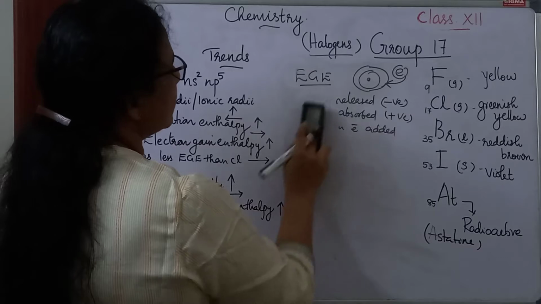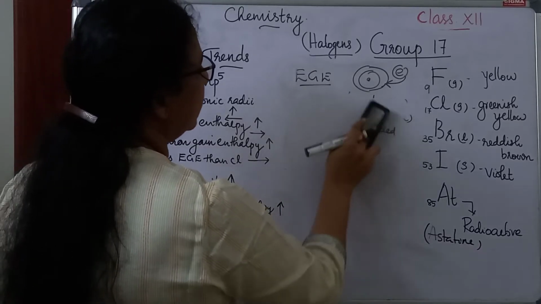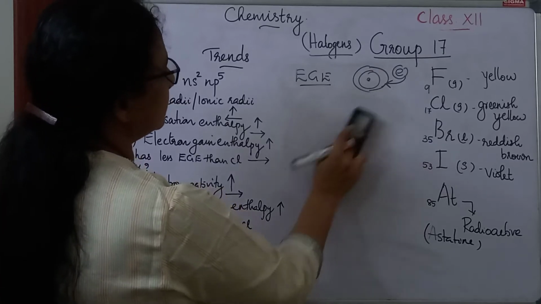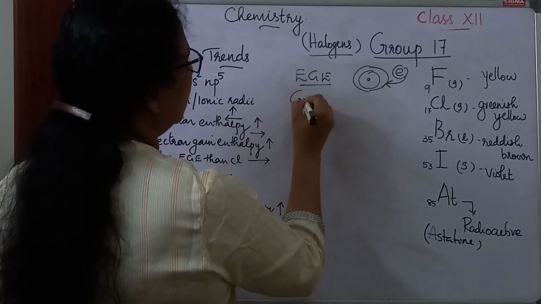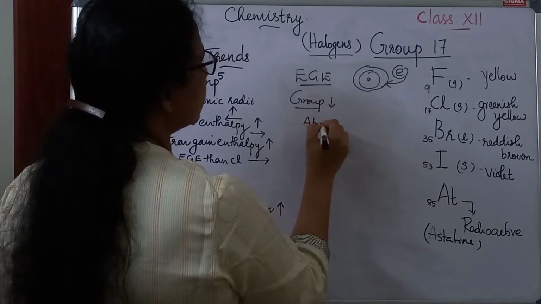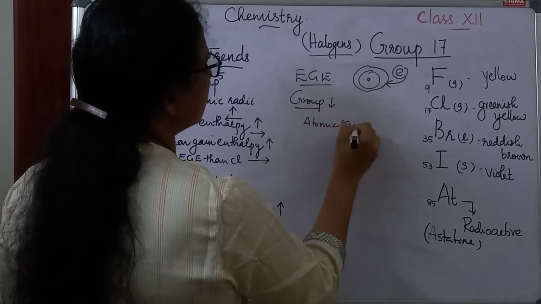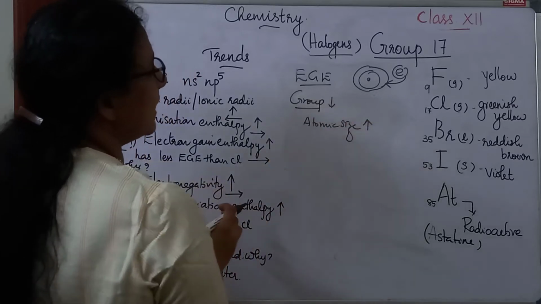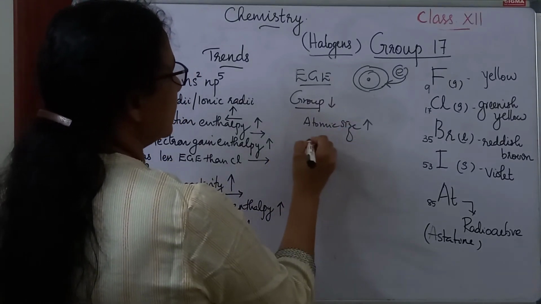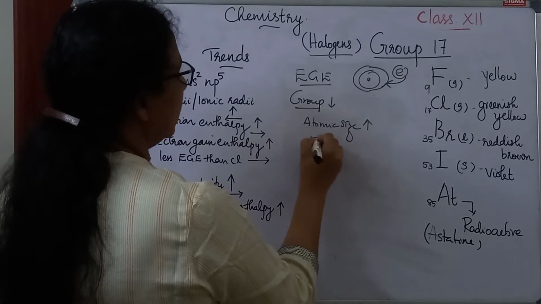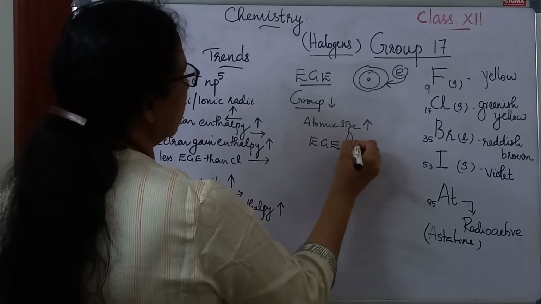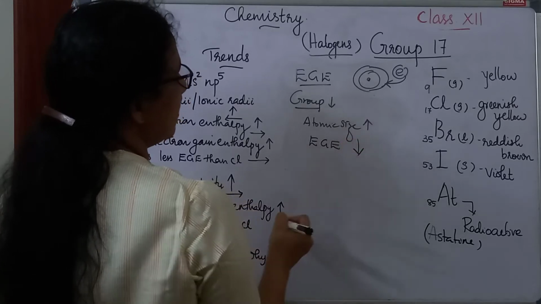So what happens to the electron gain enthalpy in a group? In a group we know that the atomic size increases, so the electron gain enthalpy decreases down the group.